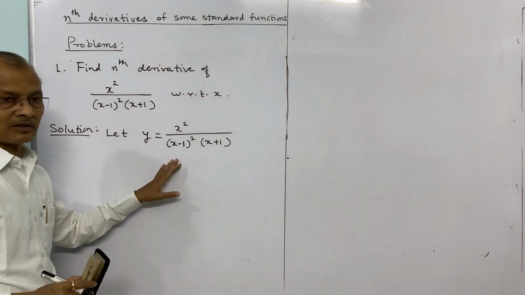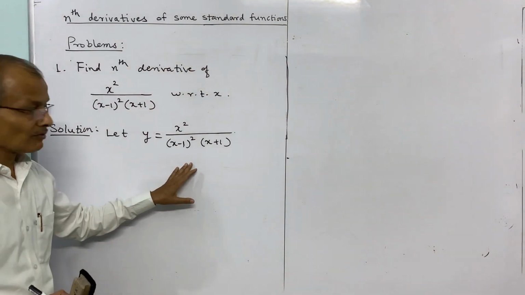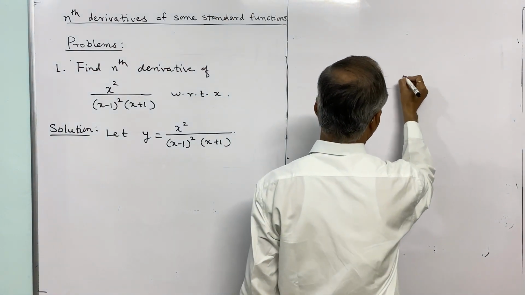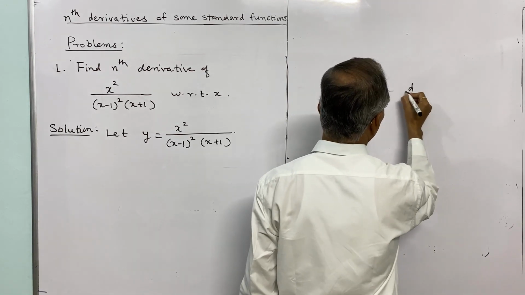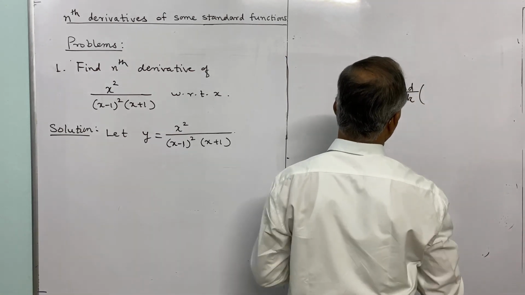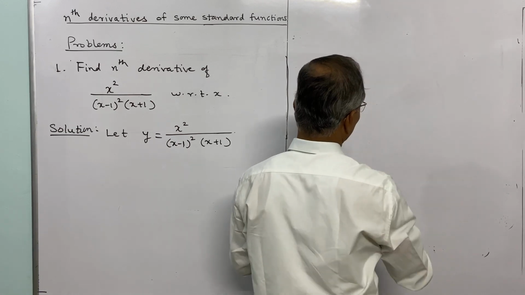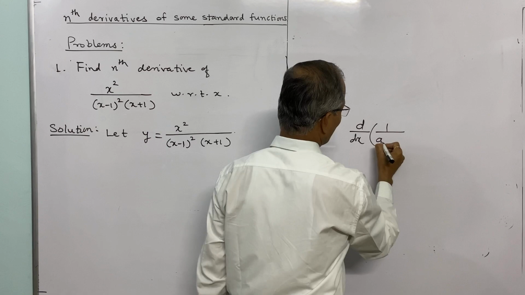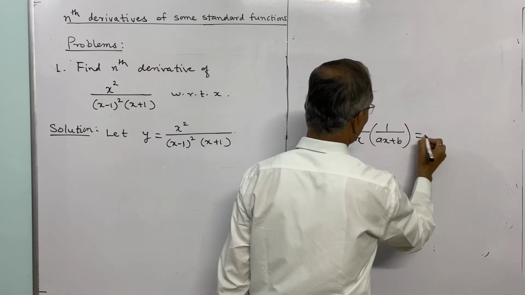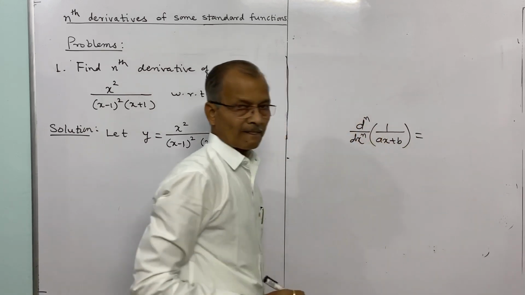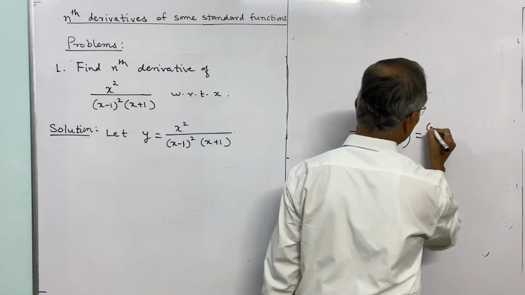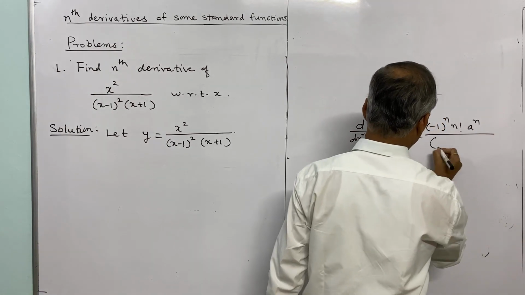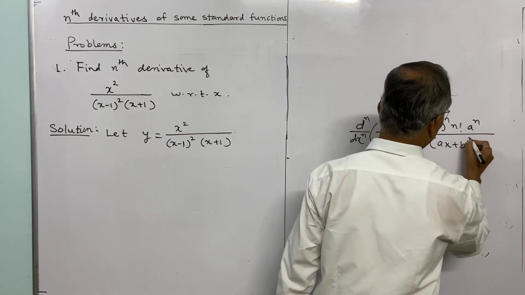Now to use the standard formulae, we have this algebraic function formula, the derivative of 1 by ax plus b. This formula we want to use, and what is that formula? The nth derivative of this is minus 1 to the power n, n factorial, a to the power n, divided by ax plus b to the power n plus 1.